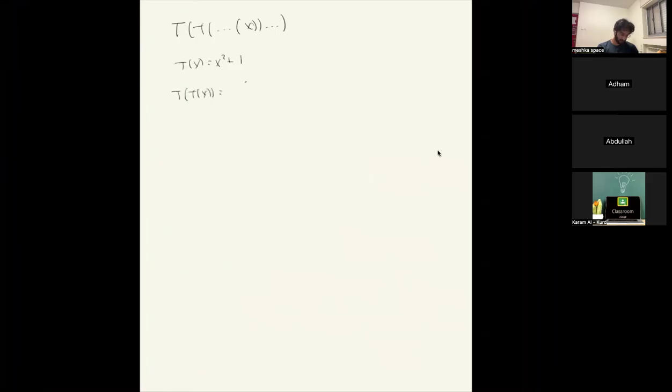Well, this means X squared plus 1 squared plus 1, okay? But what is T of T of T of X? This one is now all of that squared plus 1. So in particular, T of whatever, k times.